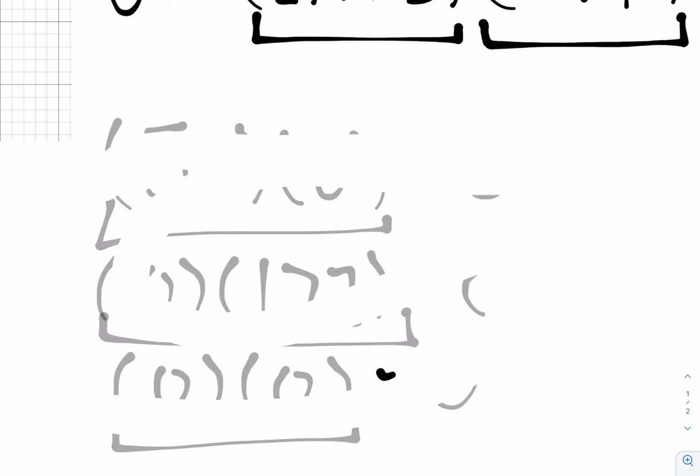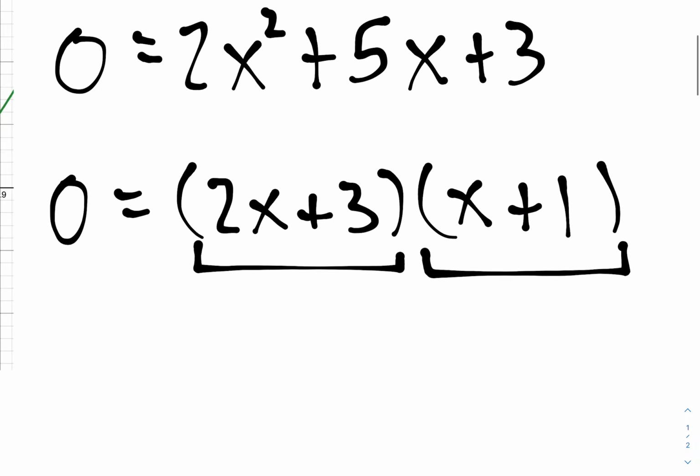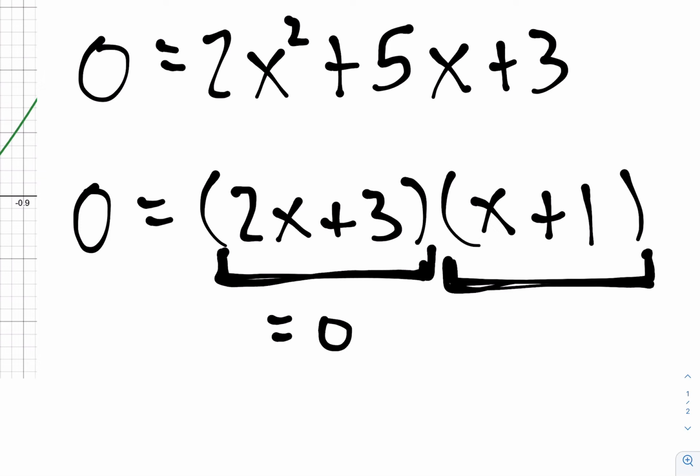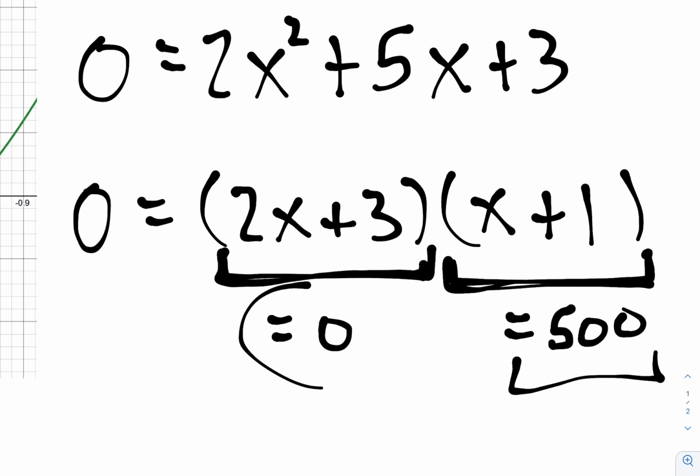So that means if we have two brackets that we factored, and when they multiply together they equal 0, like it does here, we can set 2x plus 3 and x plus 1 equal to 0. Because if either of these equals 0, say this first bracket equals 0, but this first bracket equaled 500, it doesn't even matter what this bracket equals, because as long as this one is 0, 0 times the other bracket is still going to be 0, which is what we want.